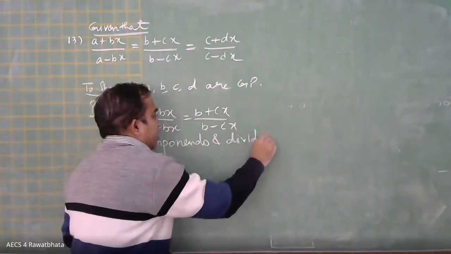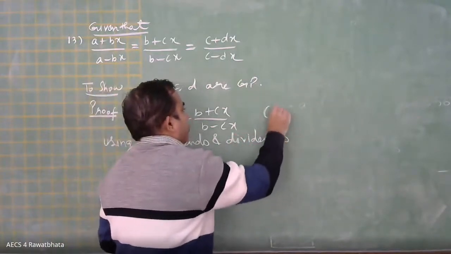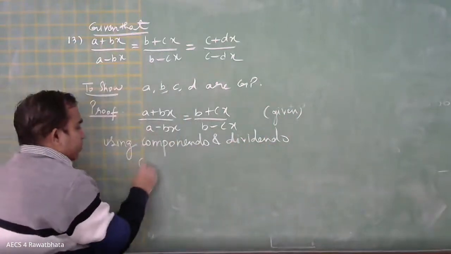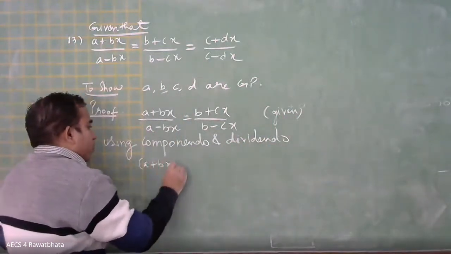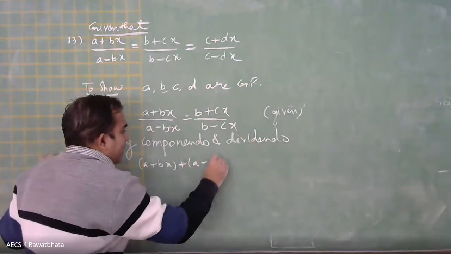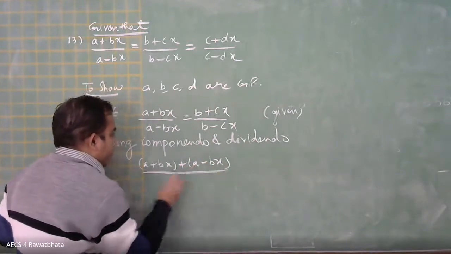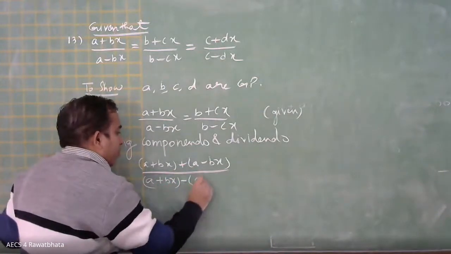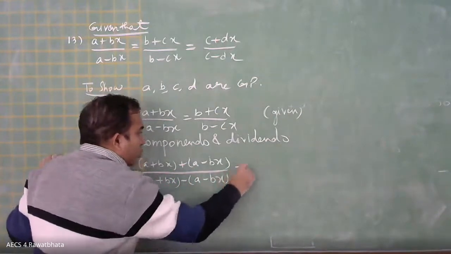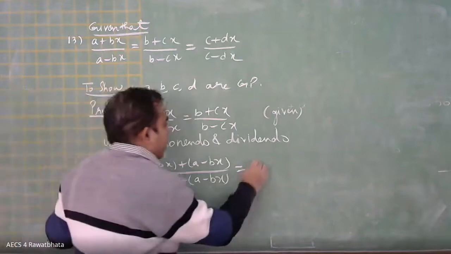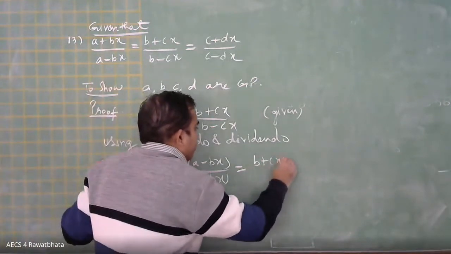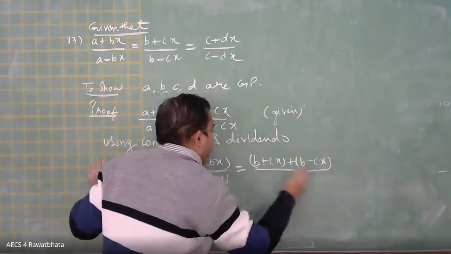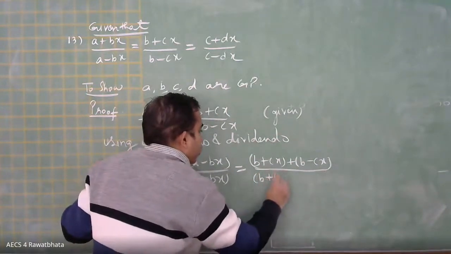The method says that numerator plus denominator whole upon numerator minus denominator will be equal to, do the same in the right hand side also, numerator plus denominator upon numerator minus denominator.